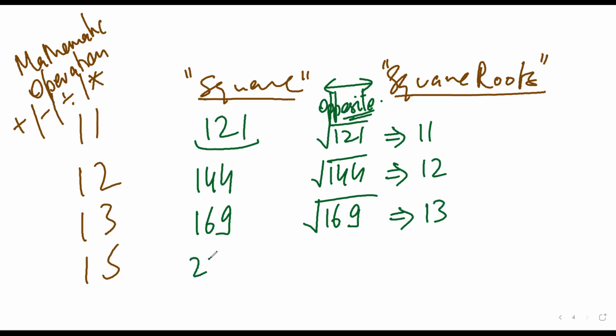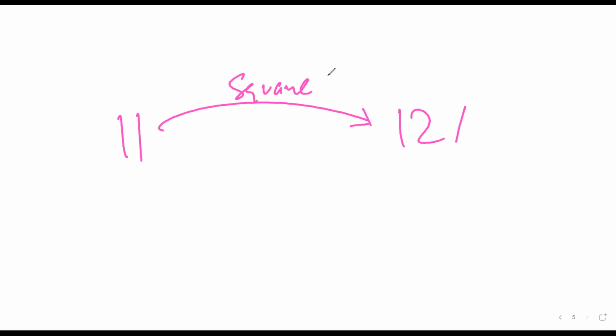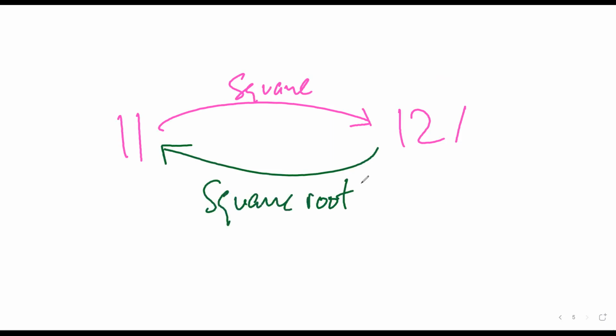Square of 15 is 225 and square root of 225 is 15. Mr. Sarthak, any doubt? No, sir. You can also understand it like this: if I want to go from 11 to 121, I'll do a square. But if I want to return back, I'll do a square root. Mr. Satya, any doubt?